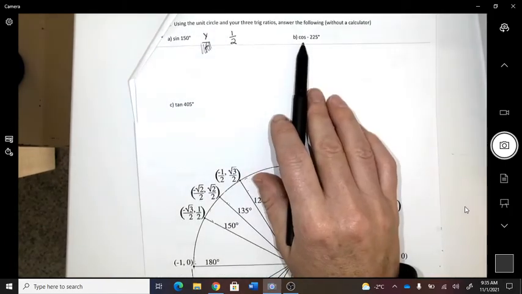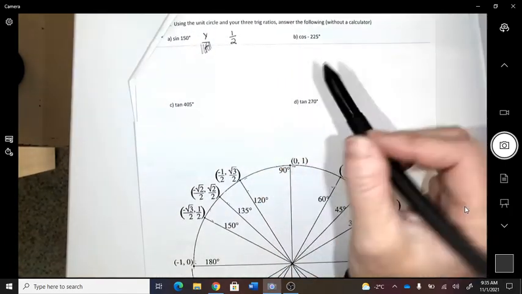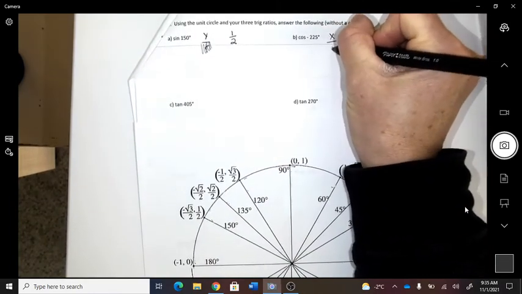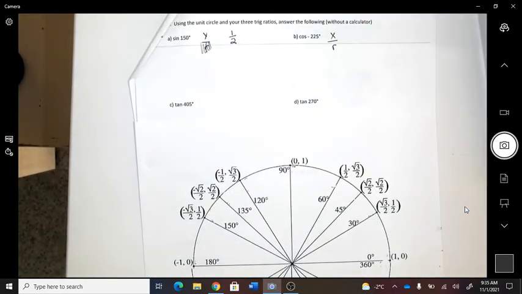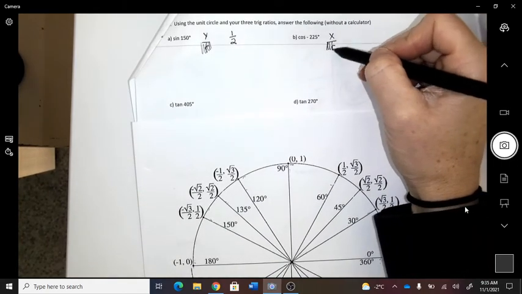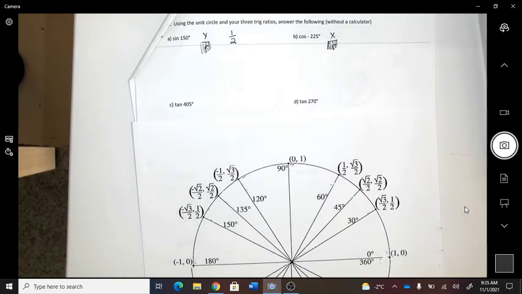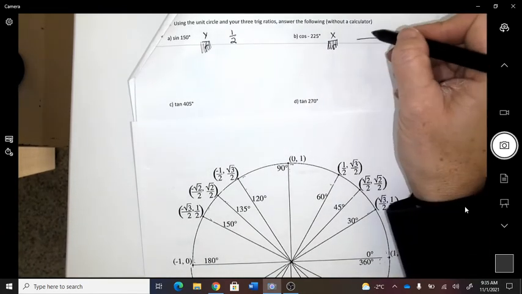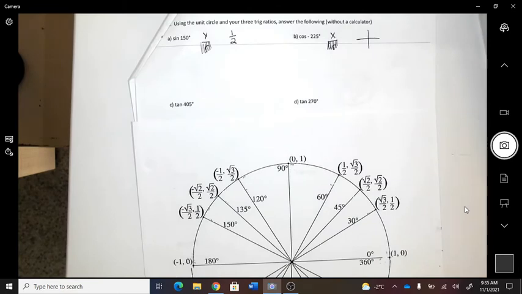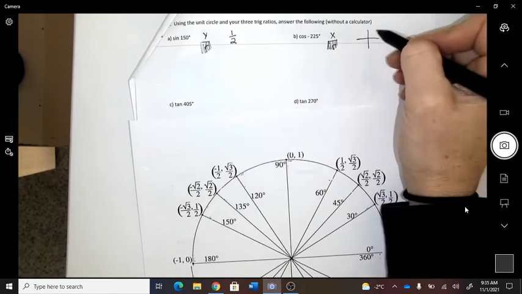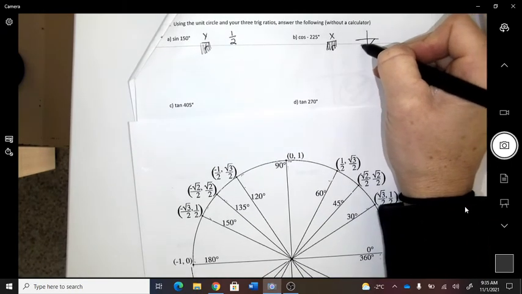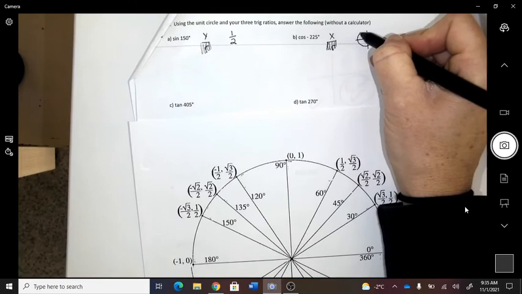Okay, cos. So the formula is x divided by r. And can we do this again? We know that we're going to be dividing by 1, so I'm going to just forget about it. Okay, where are you going to land here? You're going to have to go on that circle backwards for 225.